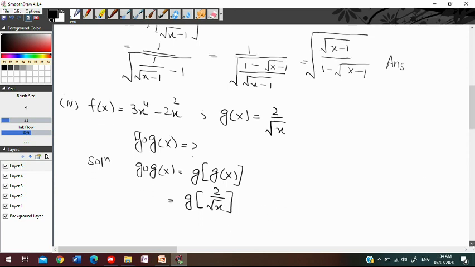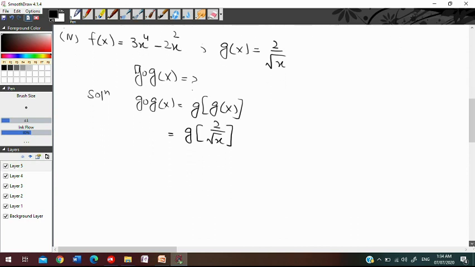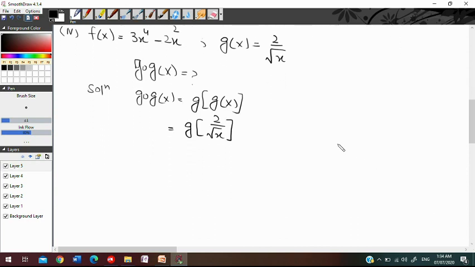Same rule here. When we substitute any x in this function g, we get 2 divided by under root of this substituted value. So same, when we substitute 2 divided by under root x, we get 2 divided by this substituted value.